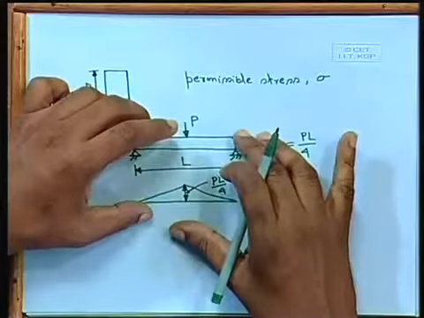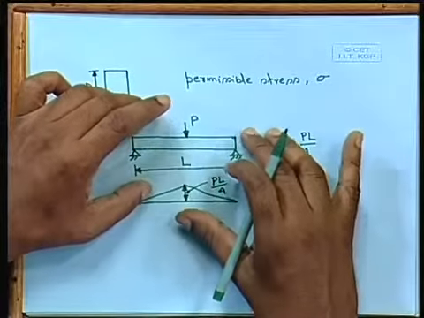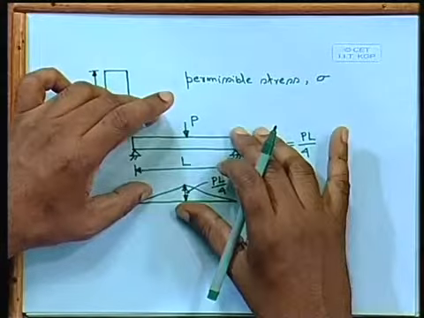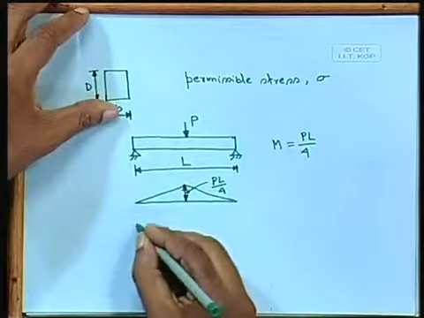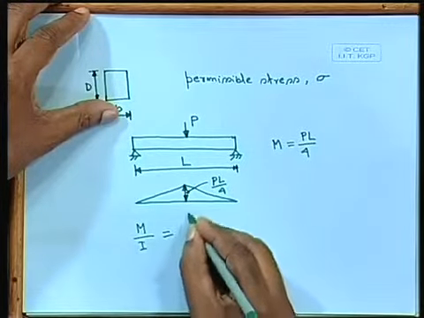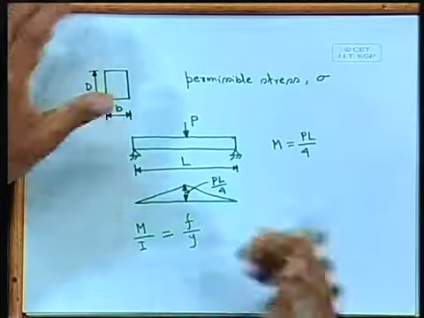So, that means we have another one, that is D. Now, since I have told you this beam is governed by the dominating one, that is bending, we have to check whether we can resist that bending moment. So, what is the equation? Our equation, M by I equal to F by Y or sigma by Y, whatever.